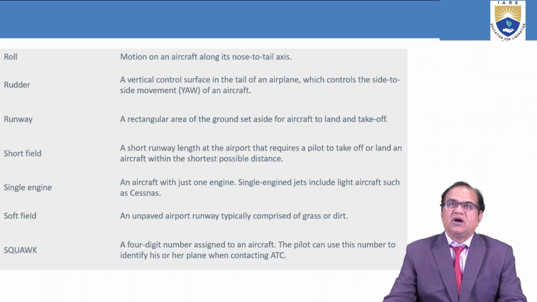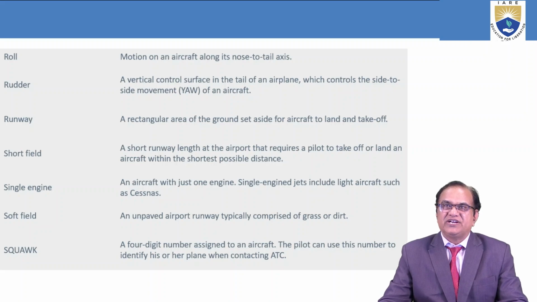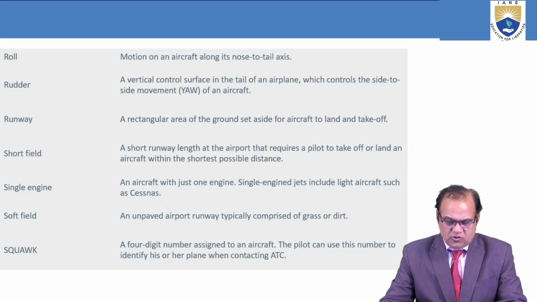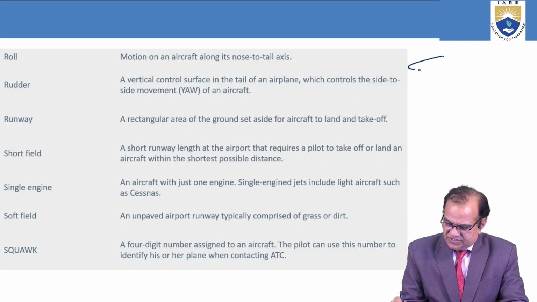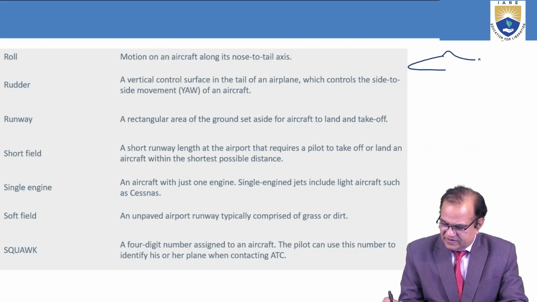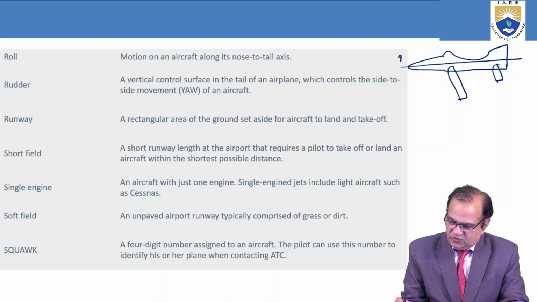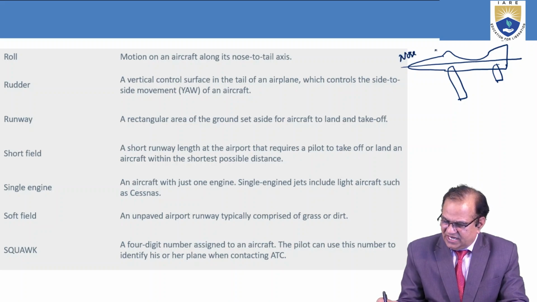Roll. Motion of an aircraft along its nose to tail axis. So, what is roll? Motion of an aircraft along its nose to tail axis. If this is the aircraft, these are the wings, this is the axis, this is the nose, this is the tail.